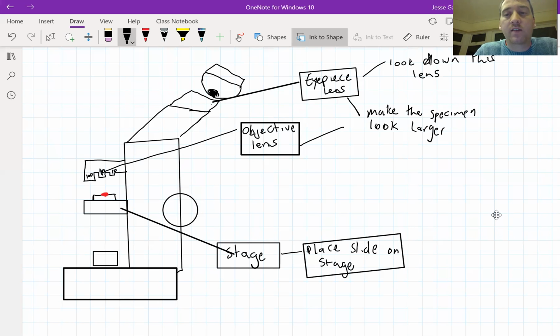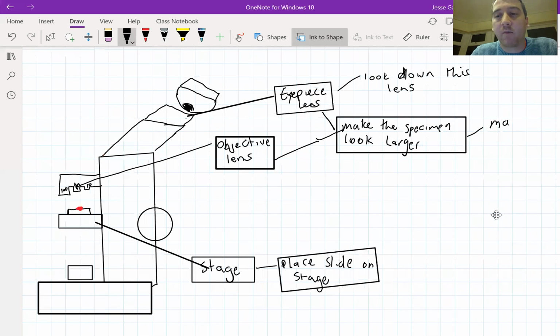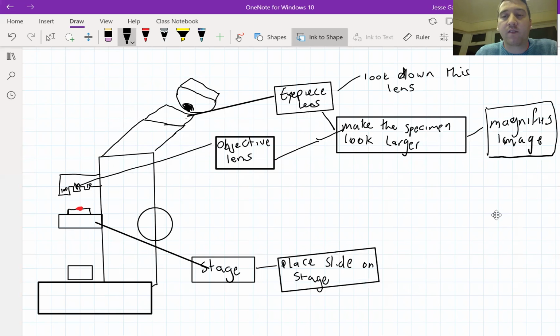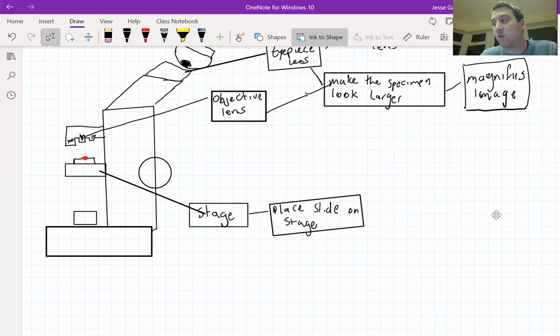So the eyepiece lens makes the specimen look larger. It does this by what we call magnifying. It magnifies the image, so it makes it look bigger. Okay, so the objective lens and the eyepiece lens magnify the image, making it look bigger.